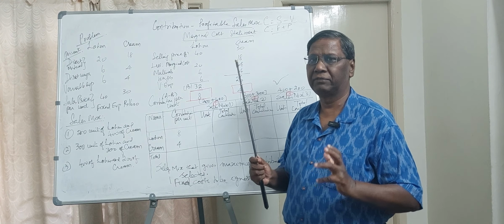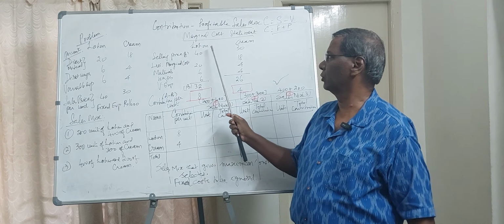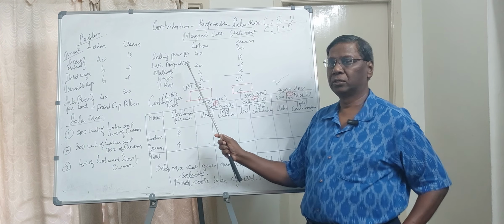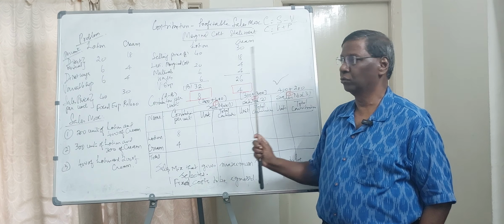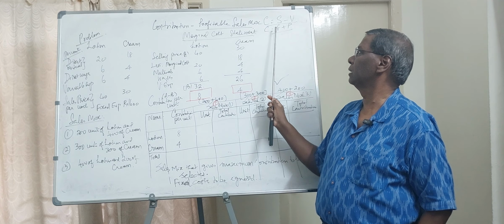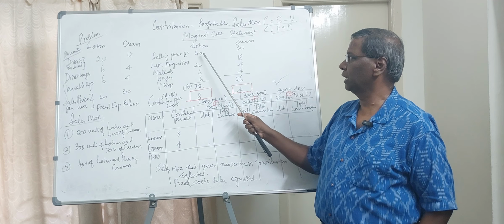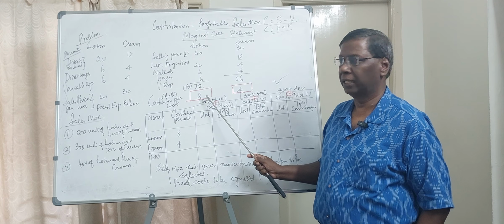The first step is to find the contribution per unit. Let us say for lotion, the selling price is 40, and the marginal cost is 32 rupees. I already told you, contribution is equal to sales minus variable cost. Sales price is 40, variable cost 32, so contribution per unit is 8 rupees.